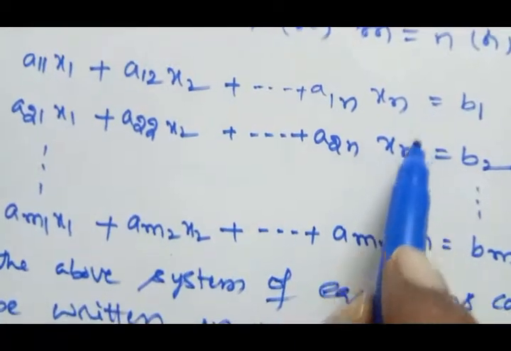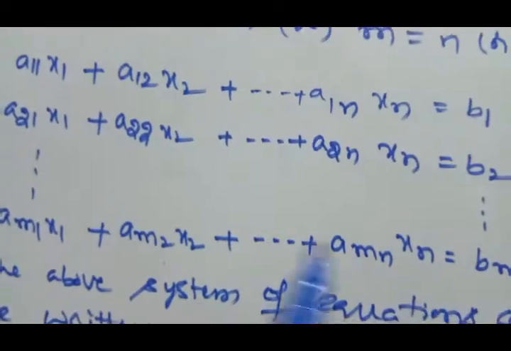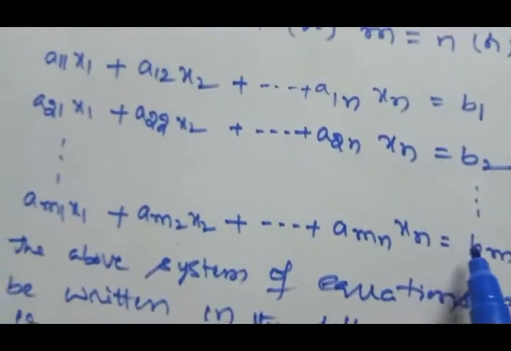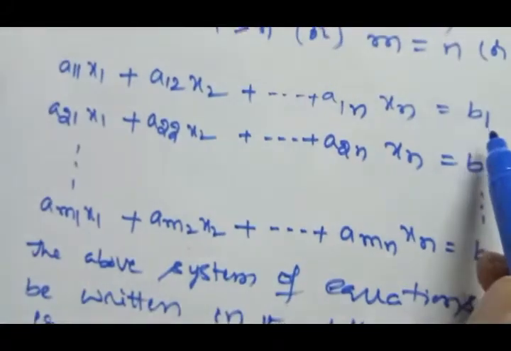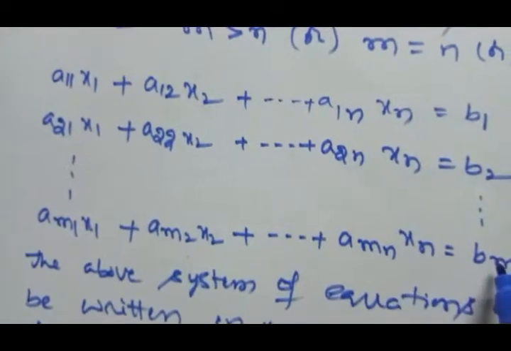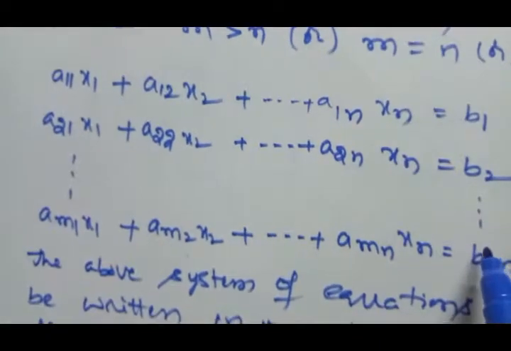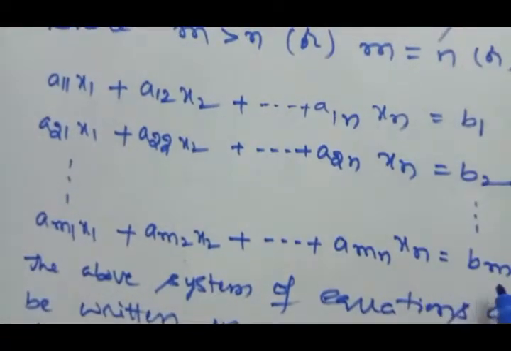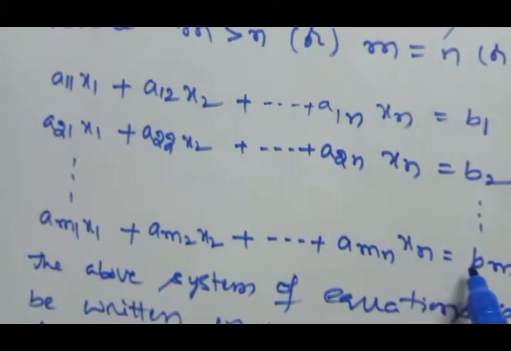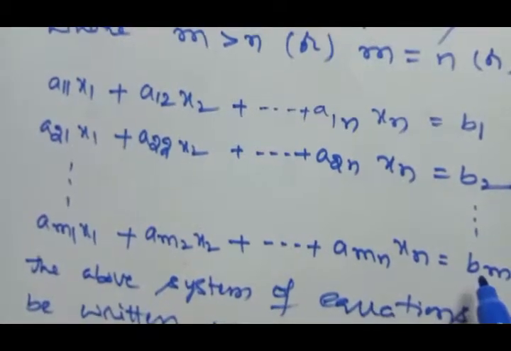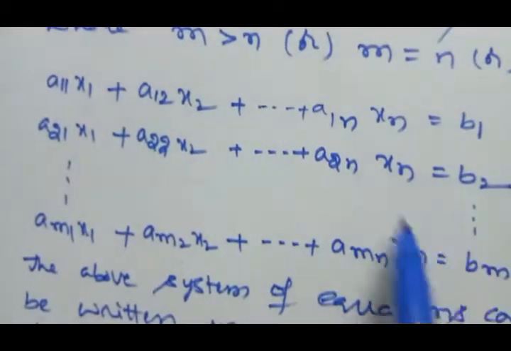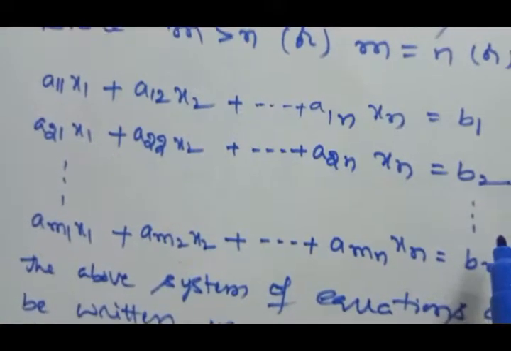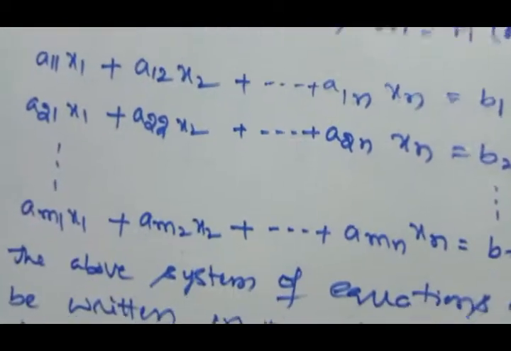We have more than one equation here, so this is called a system of linear non-homogeneous equations. If on the right hand side at least one b is not equal to 0, this is called a non-homogeneous system of equations. If all b1, b2 and so on, bm are equal to 0, then the system is called a homogeneous system of equations. Now here we are discussing non-homogeneous system of linear equations.